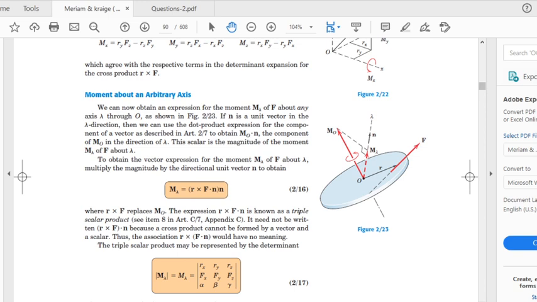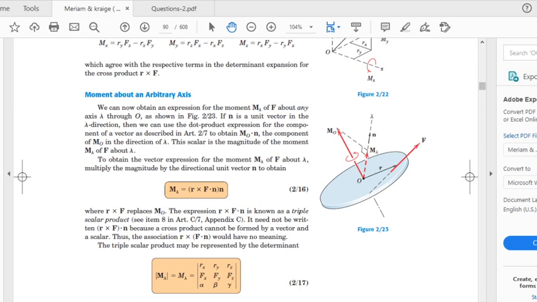Now this moment produced is equal to r bar cross F, and this cross product will result in a vector which is perpendicular to the plane of the two vectors r bar and F. So this is going to be perpendicular to r bar, and it is going to be perpendicular to F. Next we take the projection of this moment about point O onto line lambda.